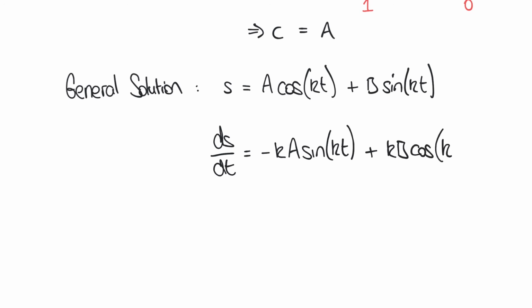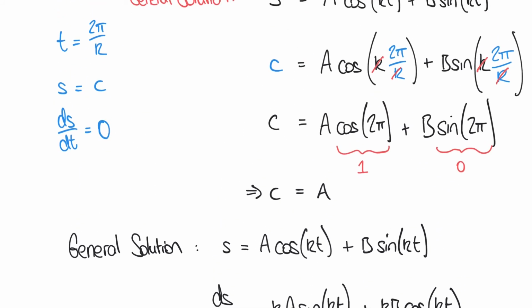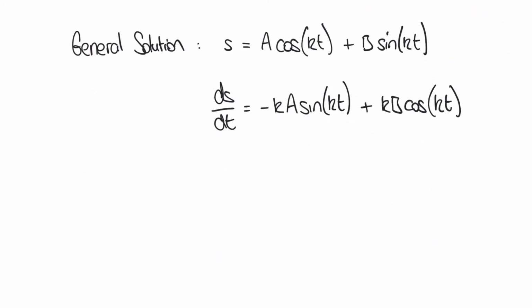Again, at this point, we remind ourselves of some initial conditions. We were told that when t is equal to 2 pi over k, ds by dt, the velocity, is equal to 0. And so we can make those substitutions here.